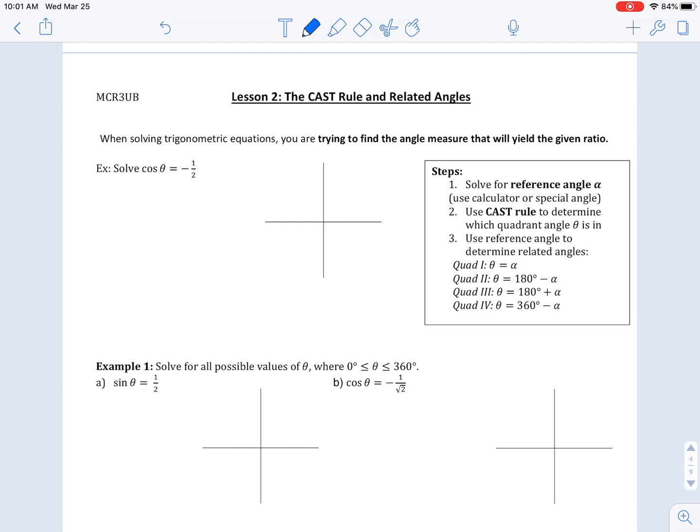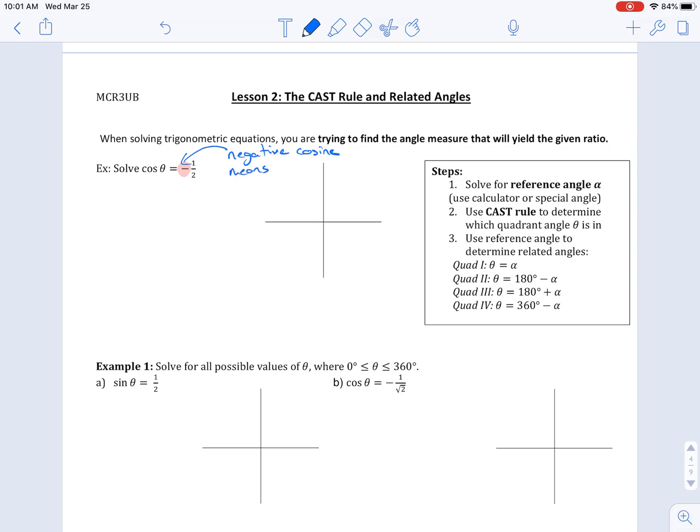So, first one says, solve cosine of theta is equal to -1/2. So -1/2, you could start this question in two ways. I'm going to start it by thinking about what this negative tells us. So a negative for cosine indicates what?